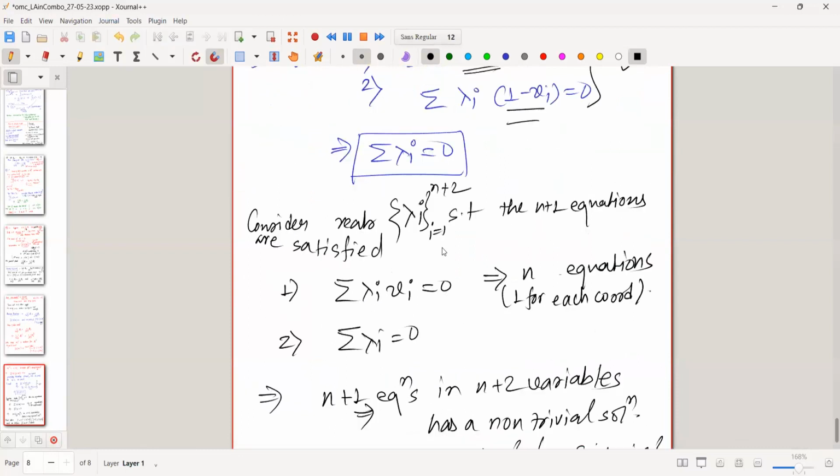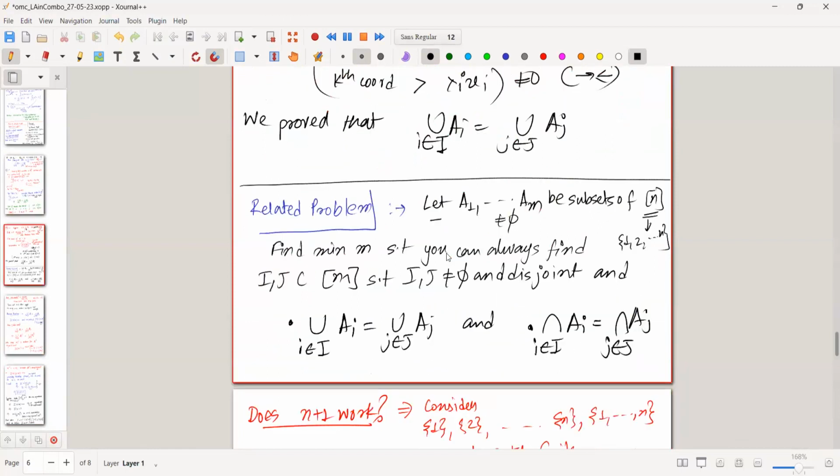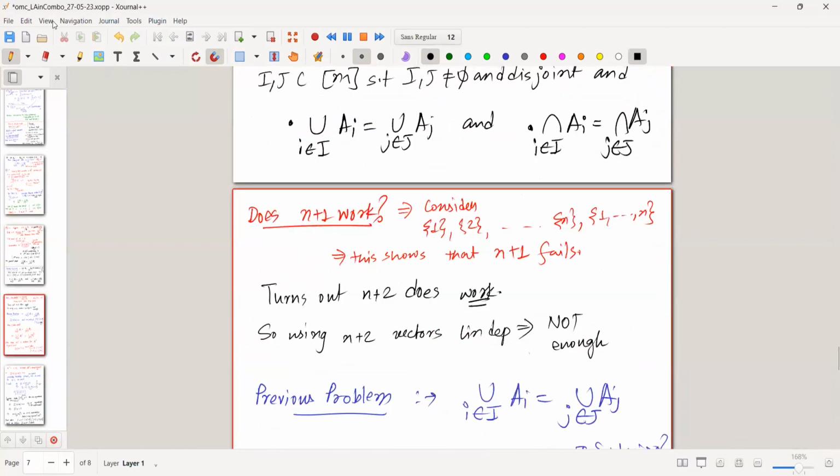So why does n fail? Someone asked why n+1 fails. That's because this is the construction for n+1, so it's not very hard to understand why it fails. You consider the sets 1 to n, and consider this set 1 and the entire set n.